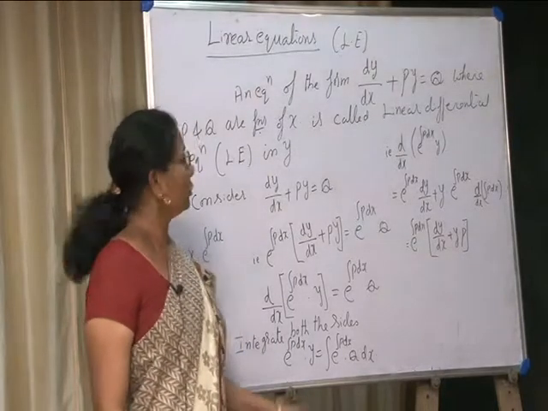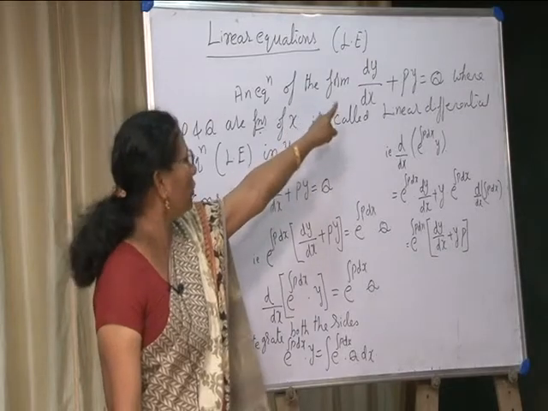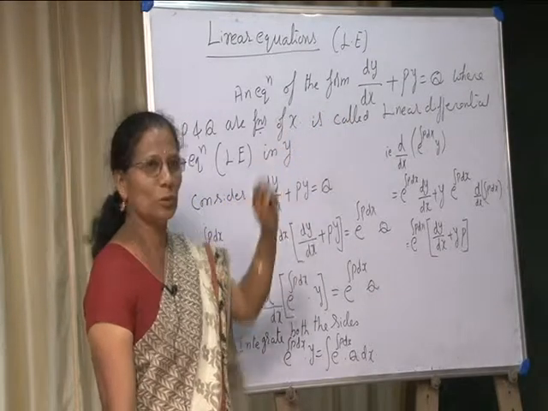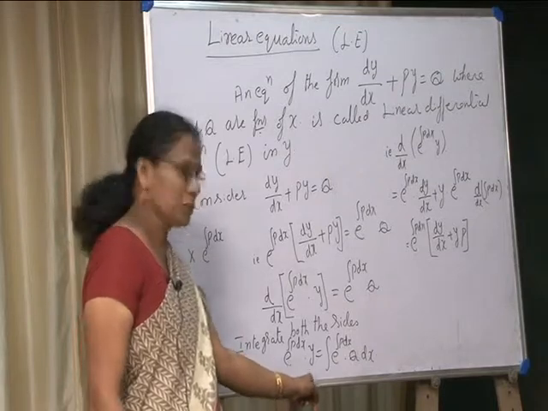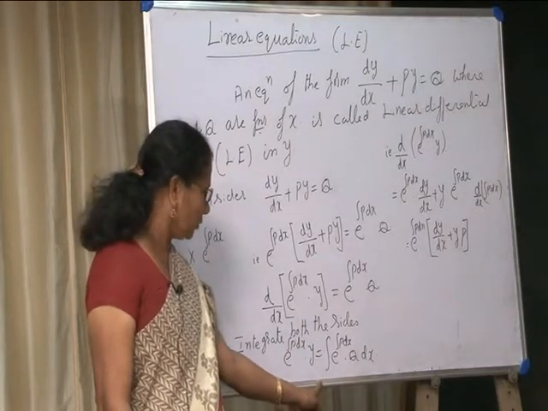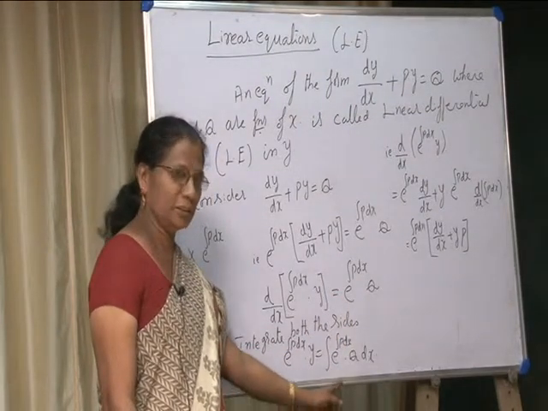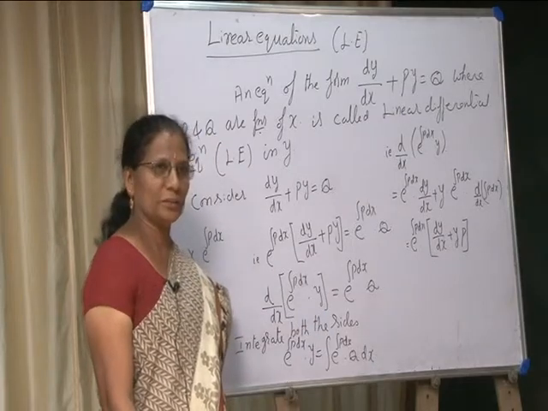This is the solution of the linear equation. When the given equation is in the form of dy by dx plus py is equal to q, then the solution is e to the power of integral of p dx into y is equal to the integration of e to the power of integral of p dx into q with respect to x.